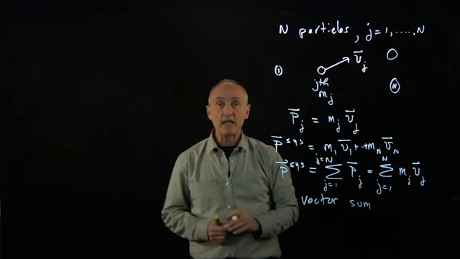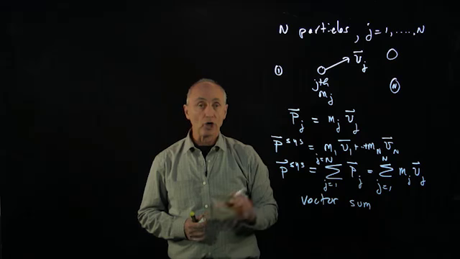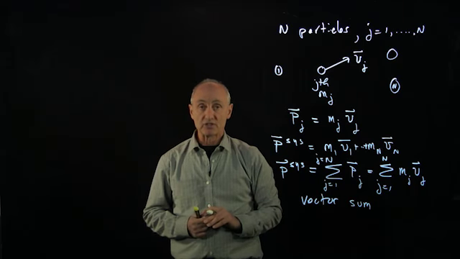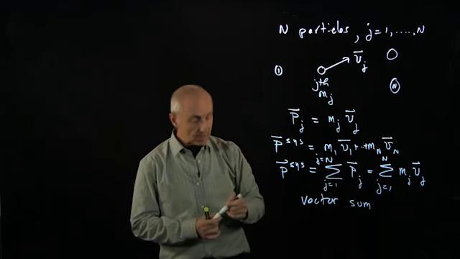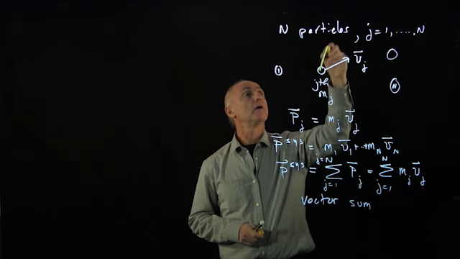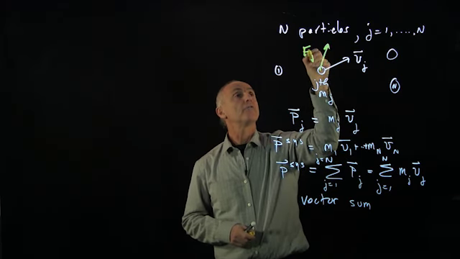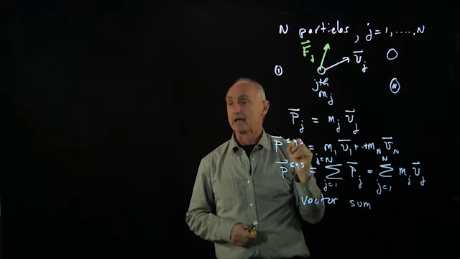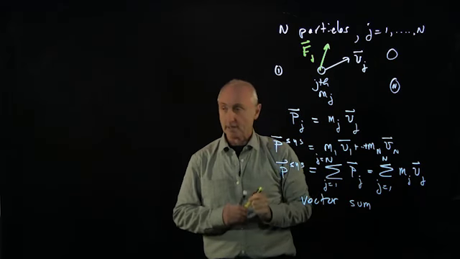And now let's see how Newton's second law applies to the momentum of a system. Suppose that acting on our particles, for instance, here's our jth particle, we have a force Fj acting on the jth particle.